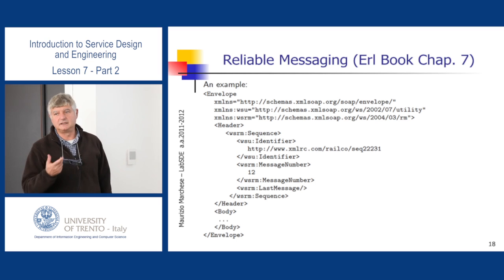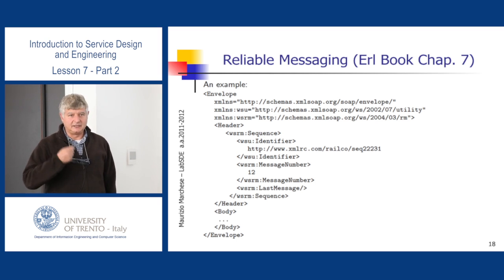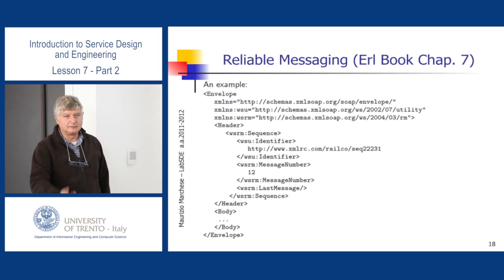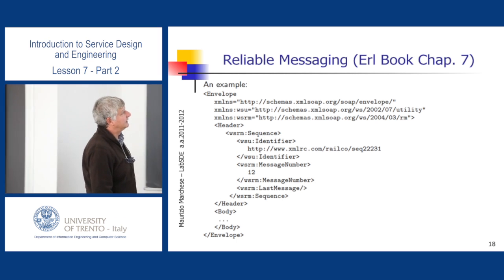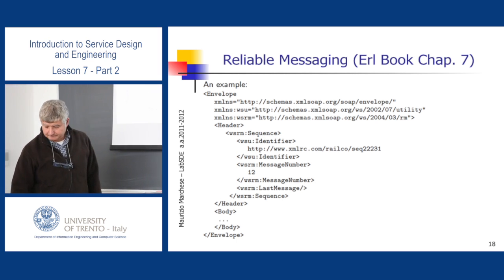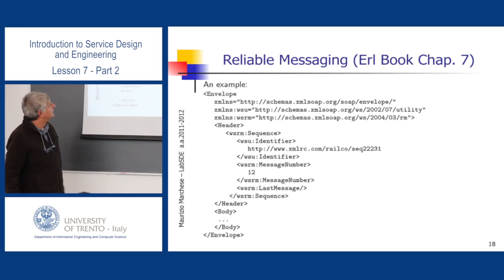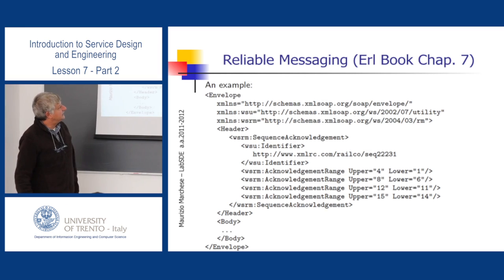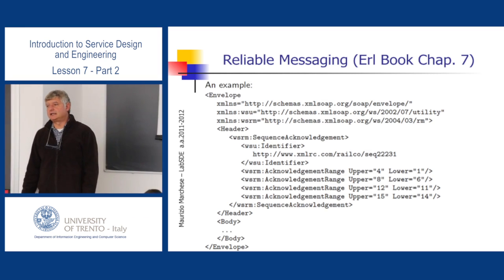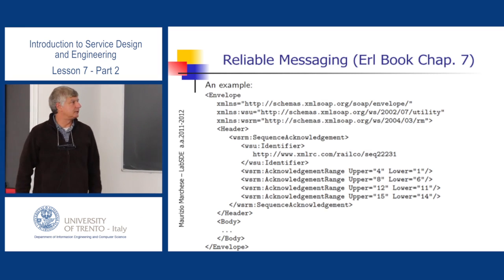In this case, it's fixed. The majority of the times, it will be incremented automatically by the sender. But at the end, it's going to be a single number because this is an instance of the message.